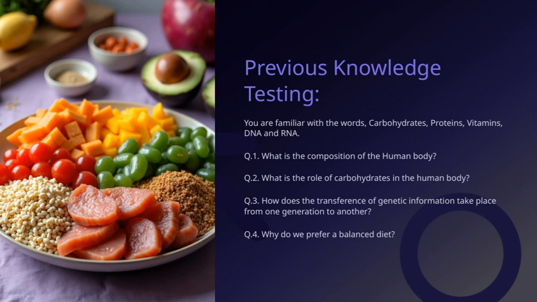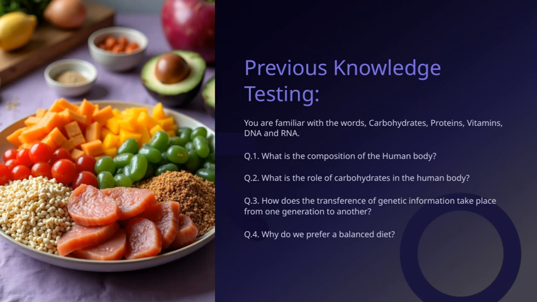Our body is made up of water, proteins, fats, minerals, and carbohydrates, with DNA and RNA playing vital roles in genetic information transfer. Speaking of genetics, transference of genetic information from one generation to another occurs through DNA, which carries our hereditary traits.